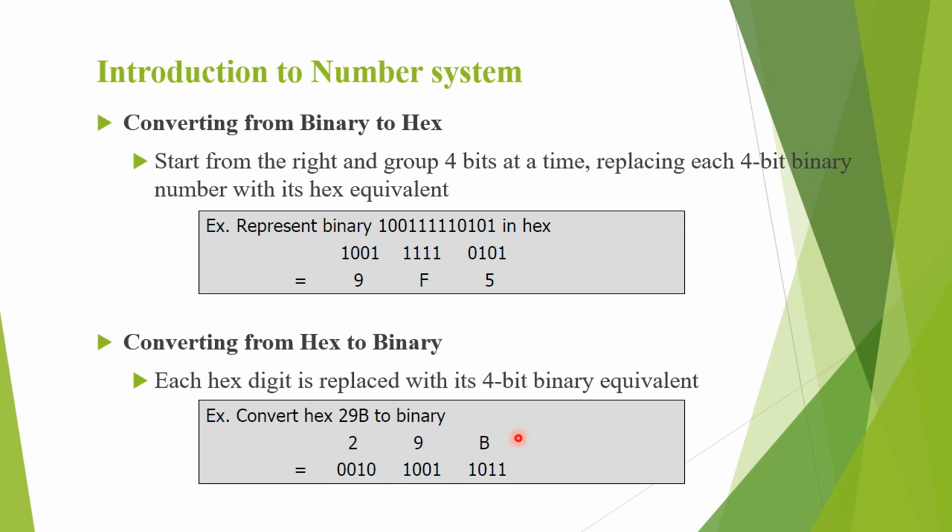So 29B, 3 digits are there. So 2 is nothing but 0010 in binary. 9 is nothing but 1001. B is 1011. So we get the binary equivalent of 29B as 0010 1001 1011.